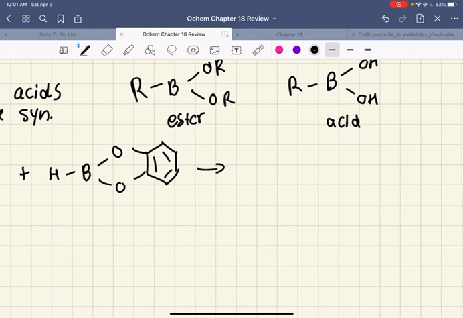And the net product will be this. So that's the boronic ester.